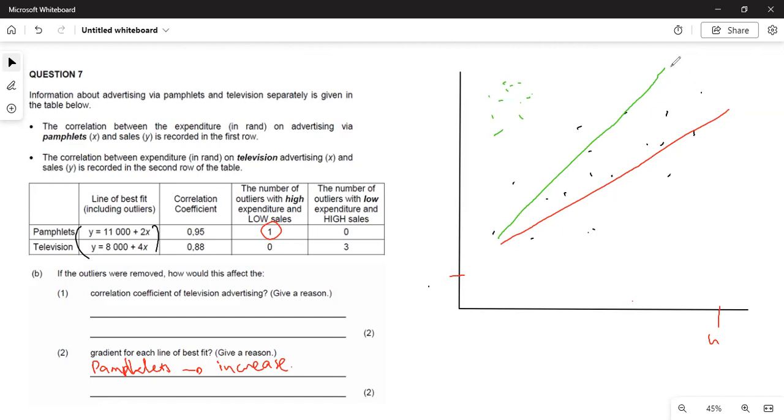That would then mean that when we remove the outliers, we expect this to be more gentle. Right. So we will say that without the outliers, we expect that the television gradient is going to decrease.